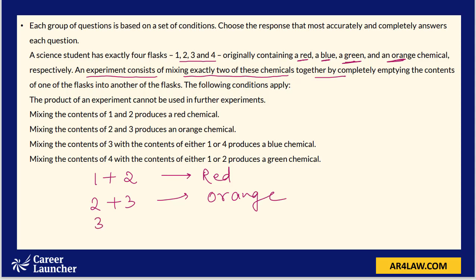If 3 is mixed with 1 or 3 is mixed with 4, this would give us a blue chemical. And lastly, if 4 is added with 1 or 4 is added with 2, this would give us a green chemical. So these were the 4 conditions set in this question. Let's have a look at the questions now.